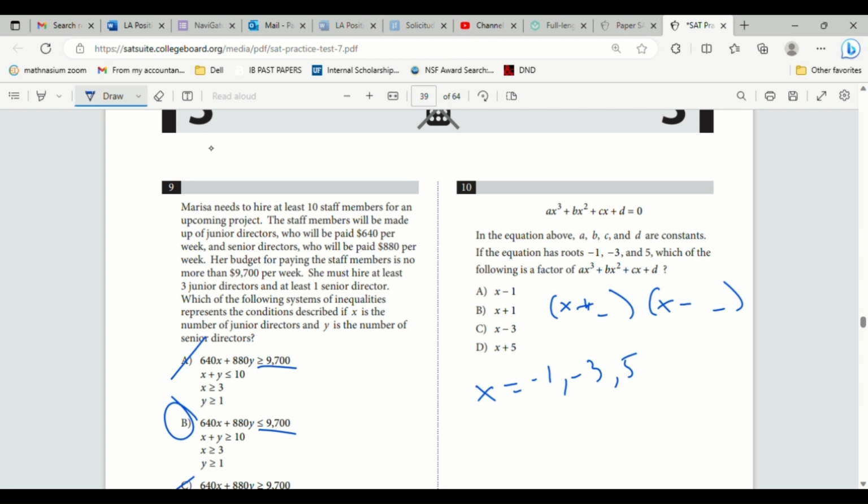But if we were to undo those and get our factors, that would be x plus 1, x plus 3, and x minus 5, since we're going backwards. And so we see we have 3 factors, and 10 is B. You simply reverse the signs to go between factors and roots.